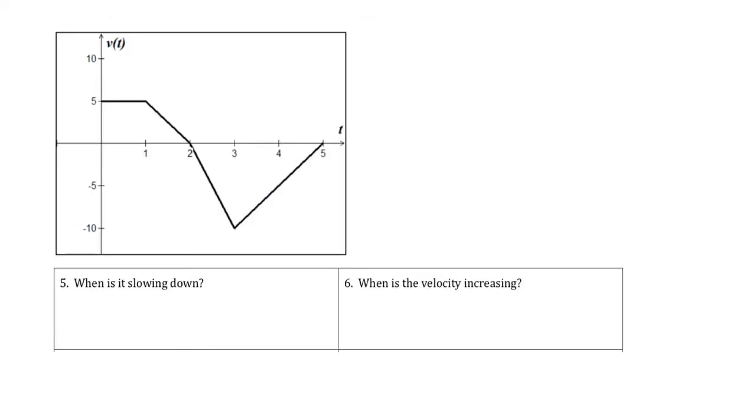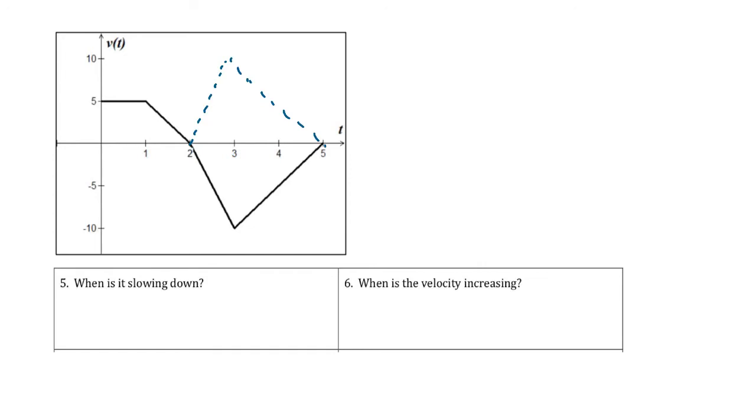Okay, so for this next problem, number 5, we're asked when is the speed slowing down? So to find out when we're slowing down, again, let's make this graph into a speed graph. And so that's where we had to flip over. And so let's see what's going on with that. If we are slowing down, that means that the speed is decreasing.